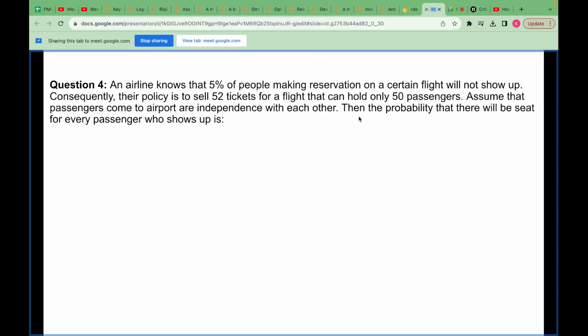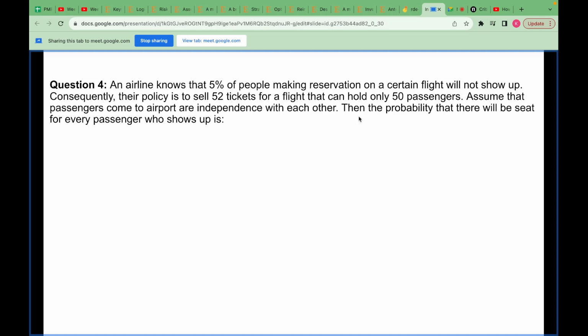Now moving to the next question. An airline knows that 5% of people making a reservation on a certain flight will not show up. Consequently, their policy is to sell 52 tickets for a flight that can hold only 50 passengers. So they know that out of the passengers who booked the flight, 5% do not show up for their journey.